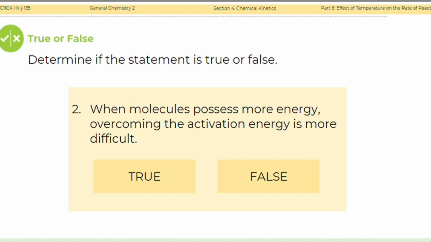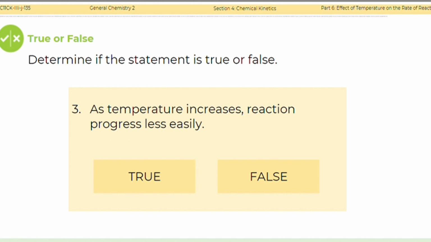When molecules possess more energy, overcoming the activation energy is more difficult. Determine if the statement is true or false. Number 3. As temperature increases, reaction progresses less easily.